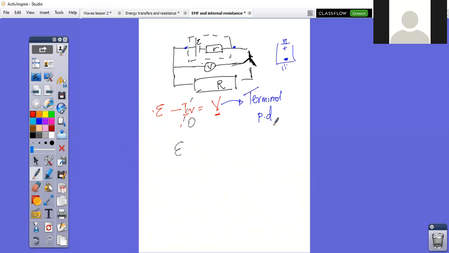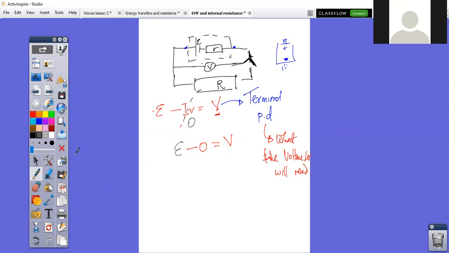terminal PD is always, remember what I said, what the voltmeter will read. So just look at this. If this is 0, my equation is now E minus 0 is equal to V. So what will the reading be on the voltmeter now? It'd be equal to the EMF.